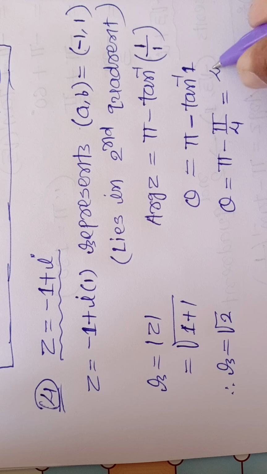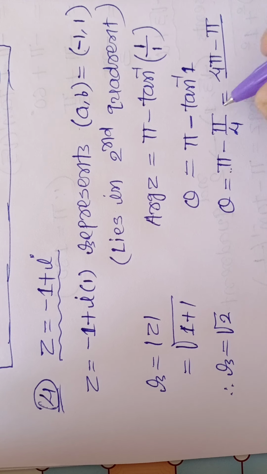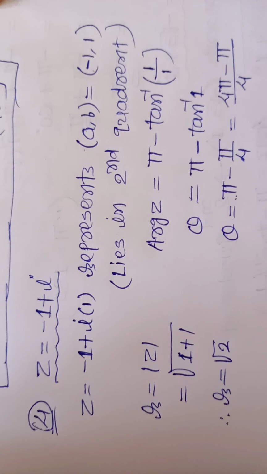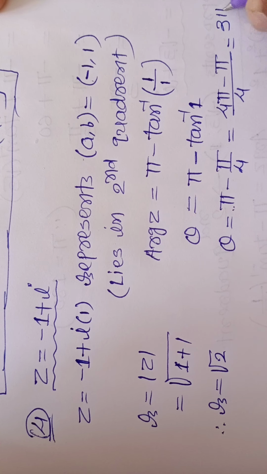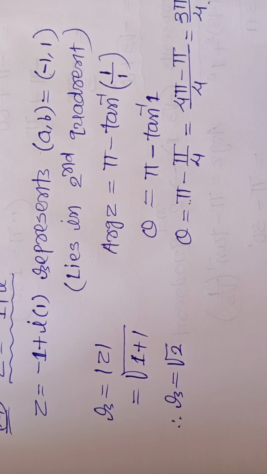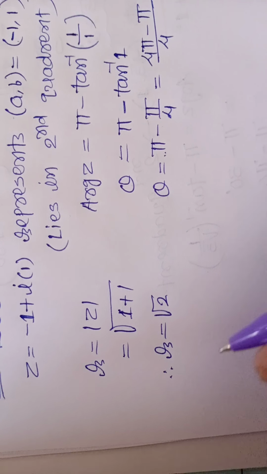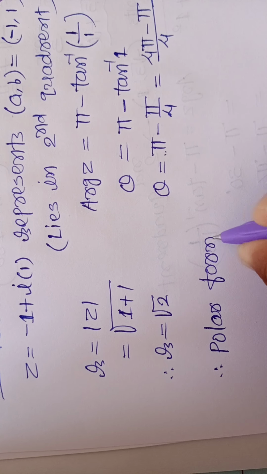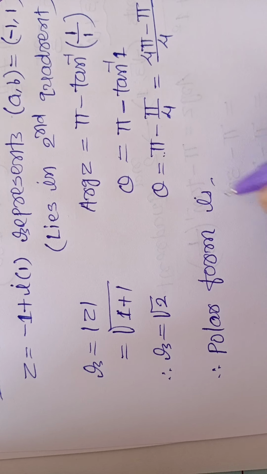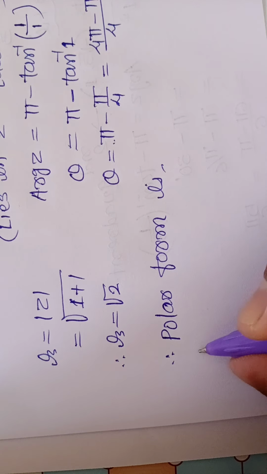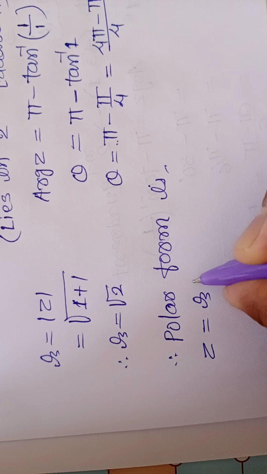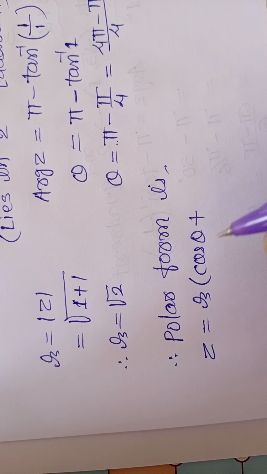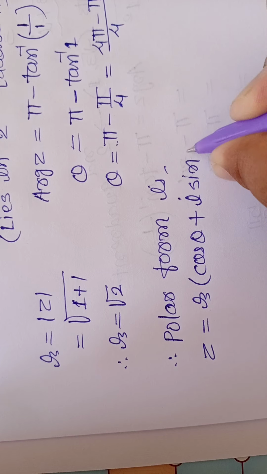So theta is pi minus pi by 4. Let us take LCM. Then that is 4 pi minus pi, 4 is multiplied there, over 4. So what is the argument? 3 pi by 4. So 3 pi by 4 is theta, root 2 is r, and therefore the polar form of the complex number is z equals r into bracket cos theta plus i sin theta.